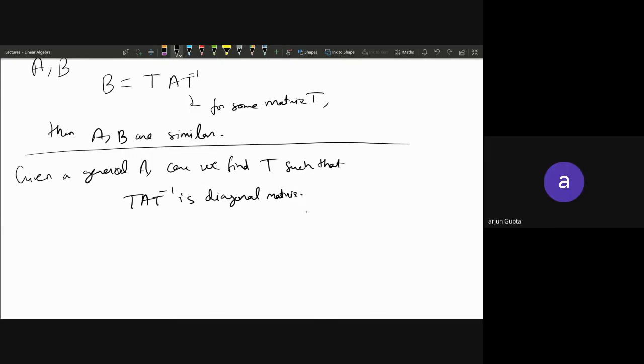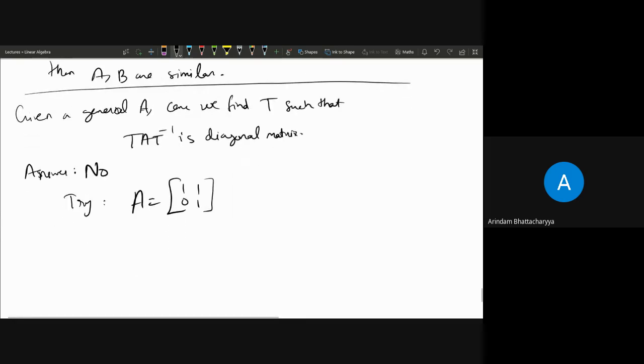So the answer is sadly no, and try this one. E1 goes to E1 and E2 goes to E1 plus E2. We cannot.